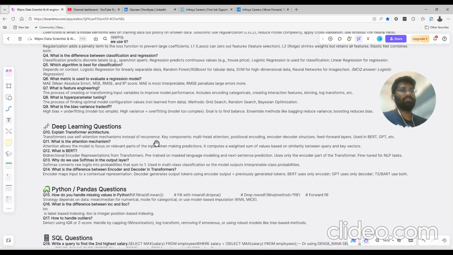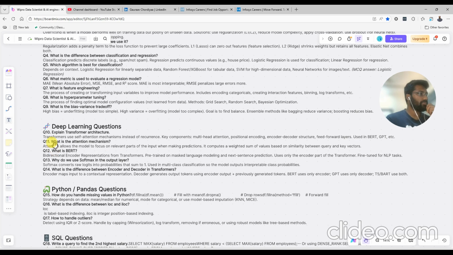In recurrence, we have to pass every single word to the current word, and because of that the computation is very complex and high, taking a very long time to predict the next word. That is why we use the self attention mechanism, and this is one of its advantages. Key components are multi-head attention, positional encoding, encoder decoder structure, and feed forward layers, used in BERT and GPT.